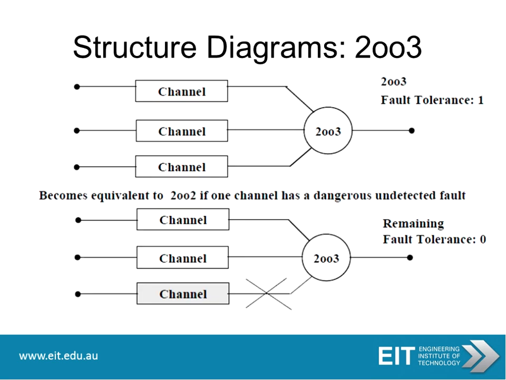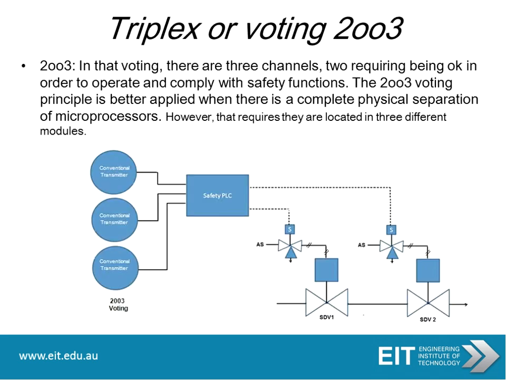So there's the 2oo3. 2oo3 fault tolerance is 1. And if you lose one channel, it becomes equivalent to 2oo2 if one channel has a dangerous undetected failure, because then you only have those 2 operational. This one is not operational at all.